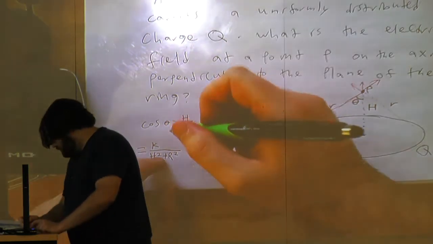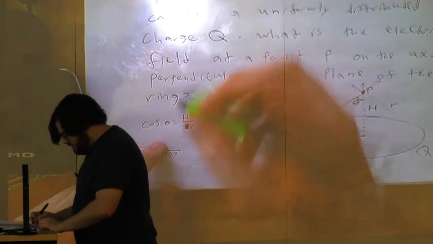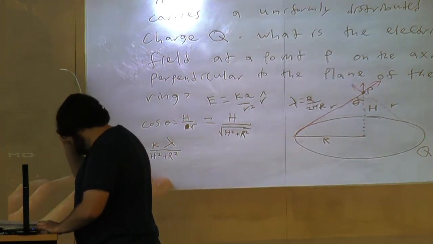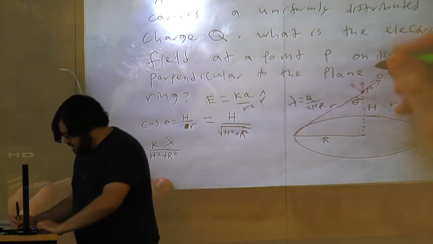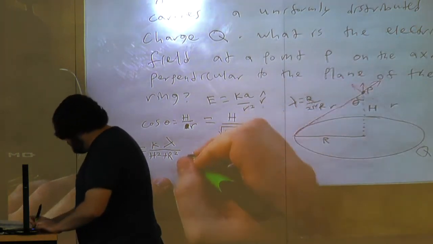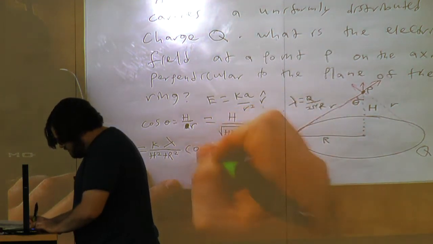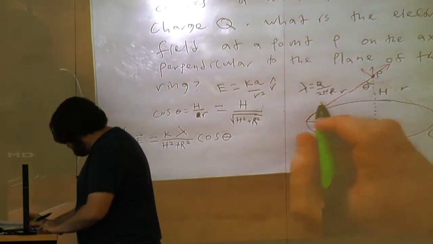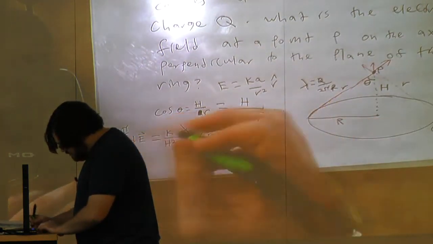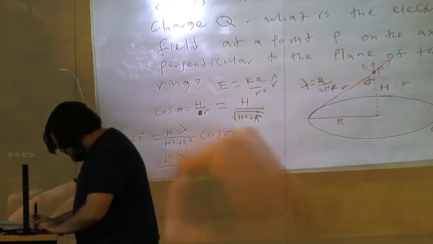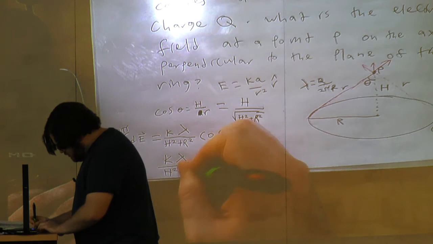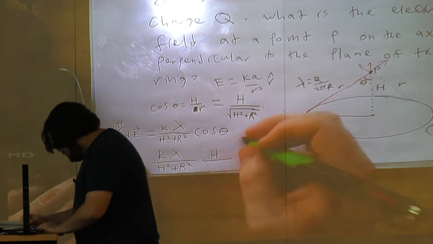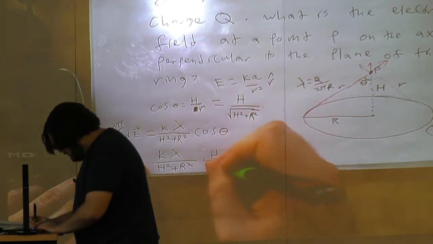And Q is going to be lambda. Now, since we only want the upward component, we're going to use cosine of theta. This is the same thing as writing this.